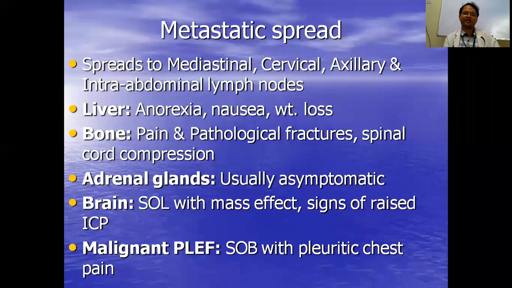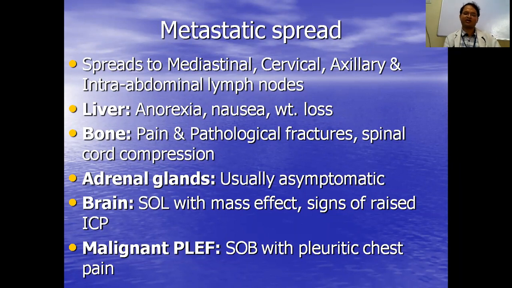If the liver metastasis is present, that leads to anorexia, nausea, and weight loss. Bone spread leads to pain and presence of pathological fractures, spinal cord compression. If this is present, the patient requires to undergo an urgent or immediate surgery.